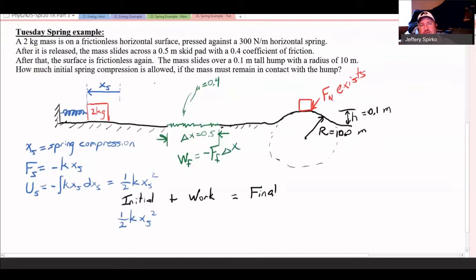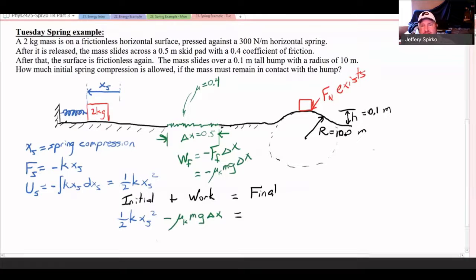And we could do a little force diagram here, and it would end up telling us that the force of friction is just mu times mg times delta x, because that was part of the formula. So we have minus mu k times m times g times delta x. So that's what gets taken away from our energy during the process.